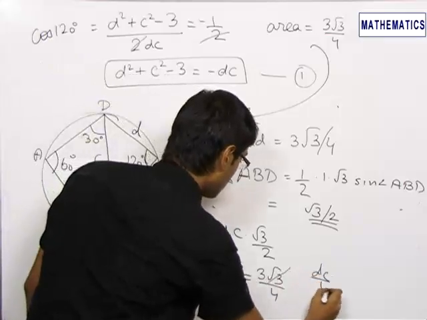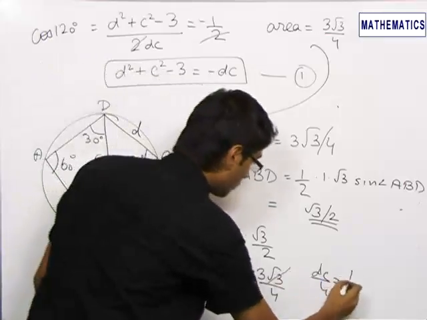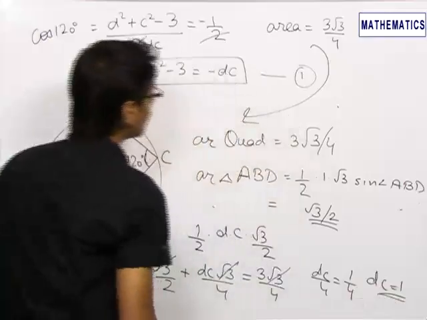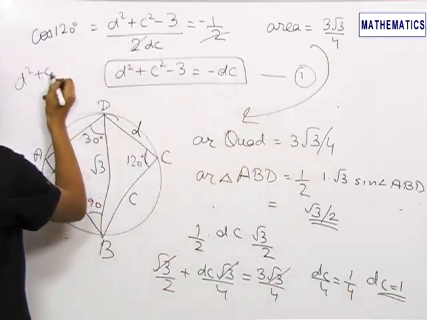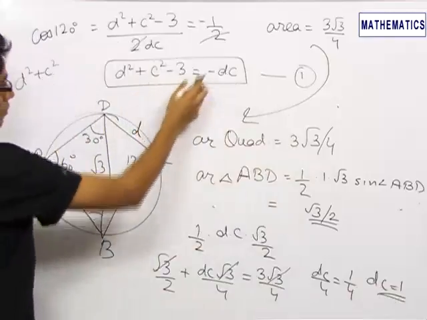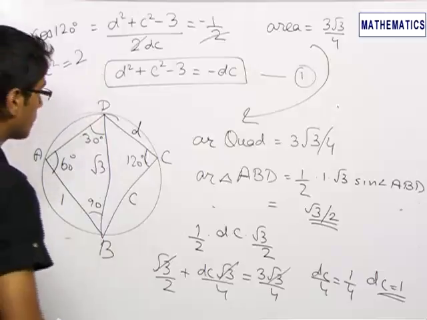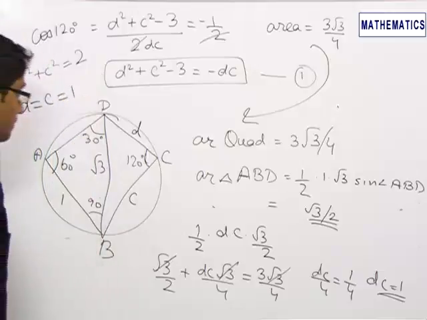So DC by 4 equals 3 by 4 minus half, which is equal to 1 by 4. So we get DC equals 1. On putting DC equals 1 in this equation, we get d square plus c square minus 3 equals minus 1. So d square plus c square equals 2, which gives us d equals c equals 1.